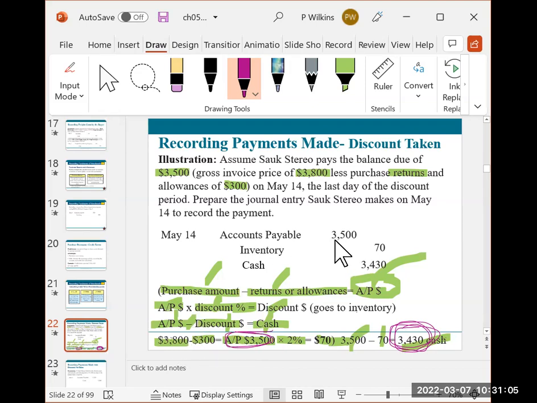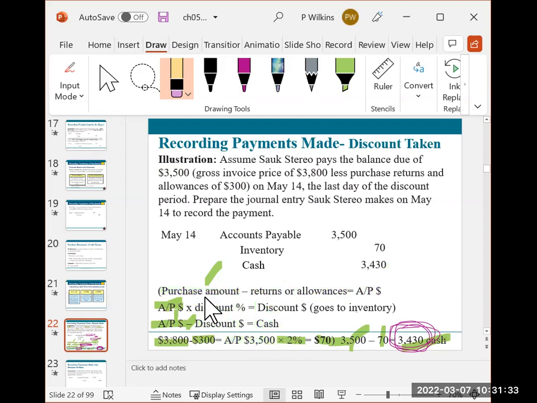What do we do with the discount dollar amount? It goes to inventory when you're the buyer. So we're going to debit accounts payable $3,500, we're going to credit inventory $70, and we're going to credit cash $3,430.